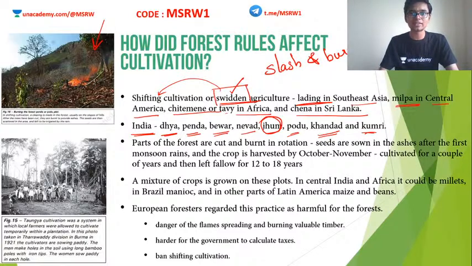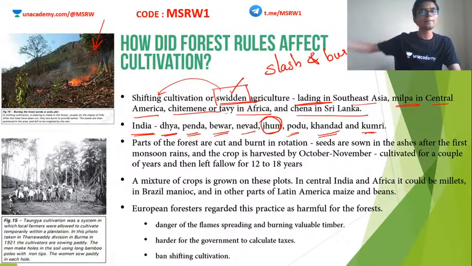This is cultivated for a couple of years, and then they go to another area, again cut down the trees, burn them, and plant and cultivate there. They keep moving from one patch to another. Each time, a fresh patch of forest is slashed and burnt. They will come back to the original land only after say 12 or 18 years.